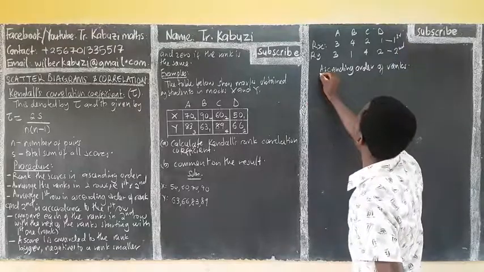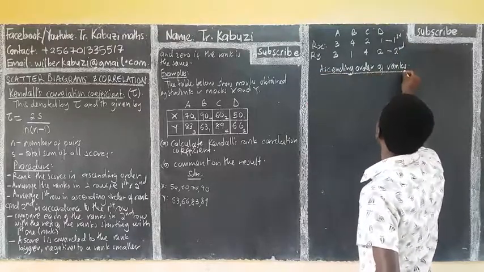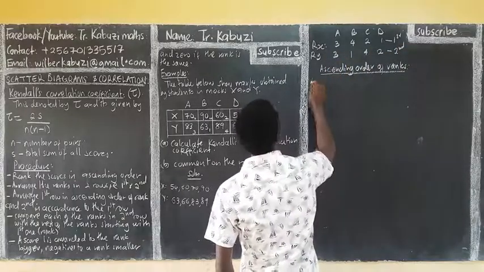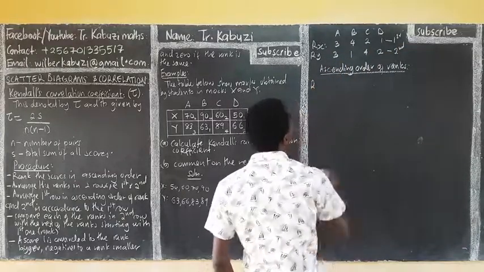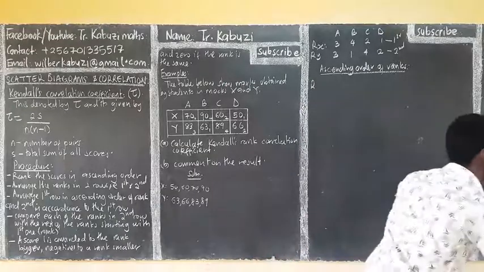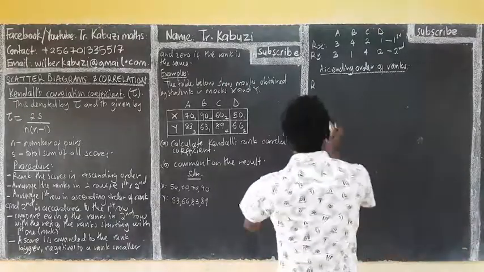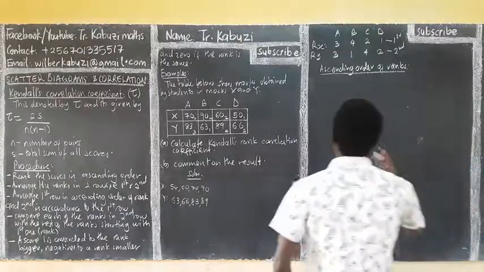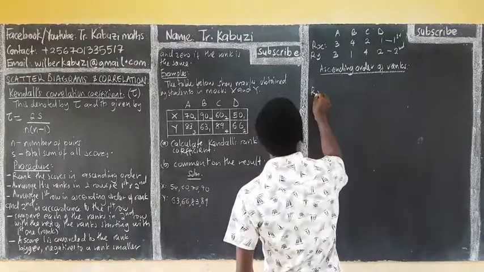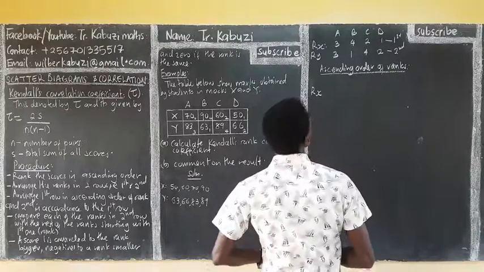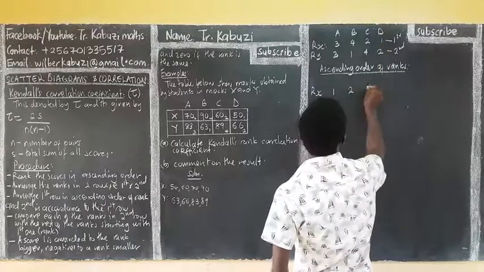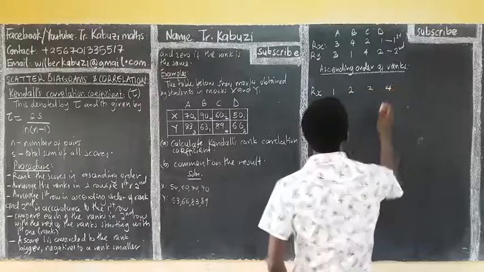I am arranging them in ascending order of ranks, the first row first. According to ranks, mine are X. The first one is going to be first, so I arrange them 1, 2, 3, then 4.